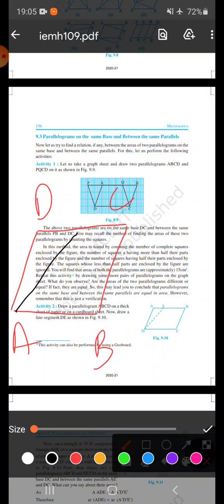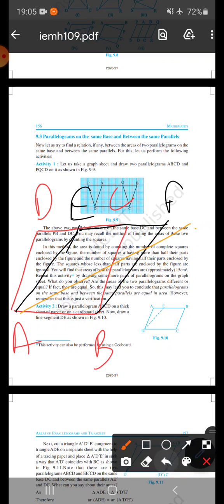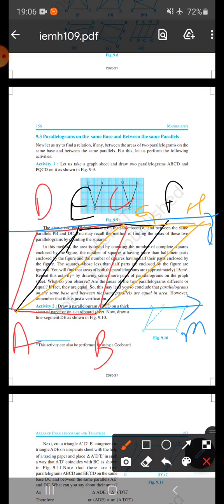And if I draw another parallelogram, EFBA, and another parallelogram, name this G, this H. So all these three parallelograms are lying on the same base, that is AB, and between the same parallel lines, say line L and line M. L and M are the two parallel lines, and AB is the common base on which all these three parallelograms are lying.